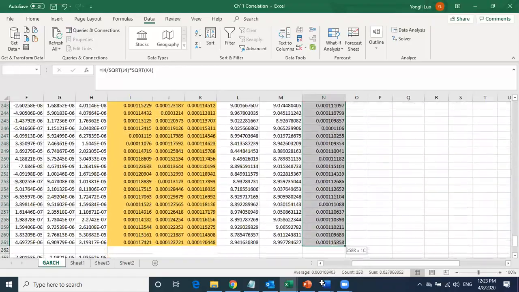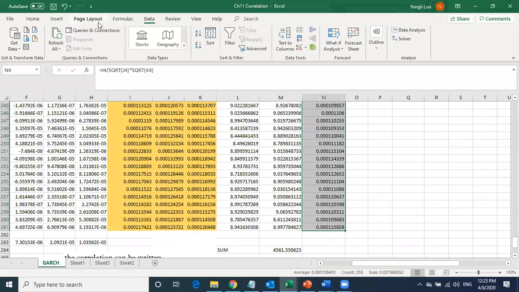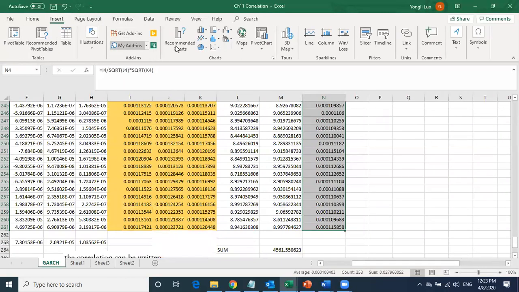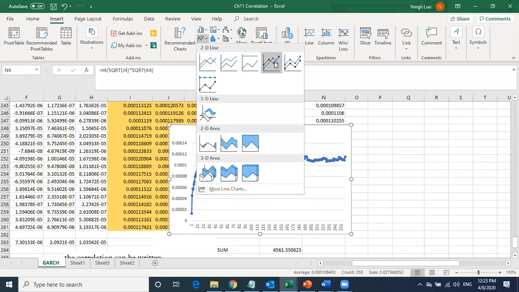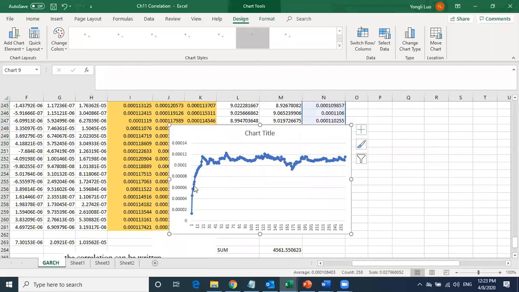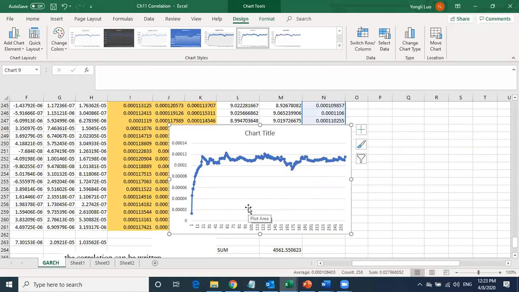You can see the correlation, and you insert a graph. So you can see the graph, and this is how the correlation looks. The two assets correlate with each other.